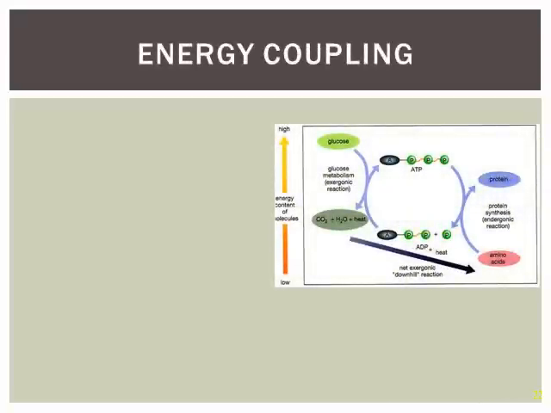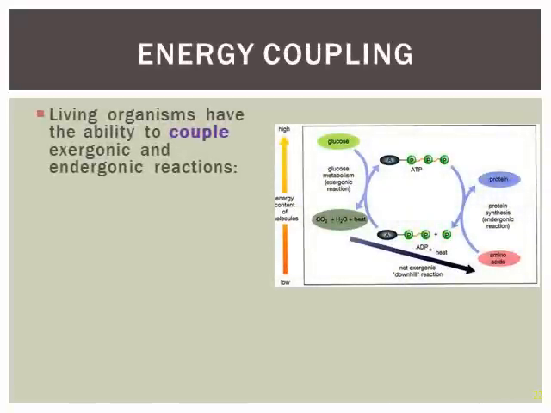All right, so we're going to revisit this idea of energy coupling. As I mentioned before, coupling exergonic and endergonic reactions is how we get things done in our cells. In the graphic on the left-hand side, follow the light green to the darker green. This is meant to be the process of cellular respiration, which yields energy, so it is an exergonic reaction.